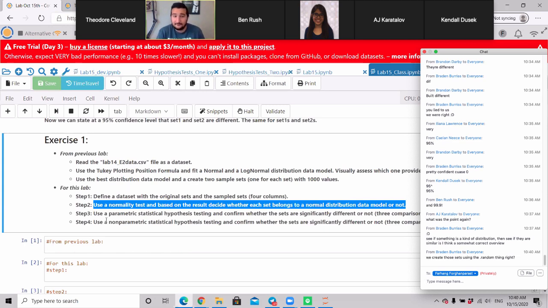On step 3, you're going to use a parametric statistical hypothesis test and confirm whether the sets are significantly different or not. You're going to make 3 comparisons in total. I hope that makes sense to you. And on step 4, you're going to use a non-parametric statistical hypothesis test and confirm whether the sets are significantly different or not. Again, 3 comparisons in total.